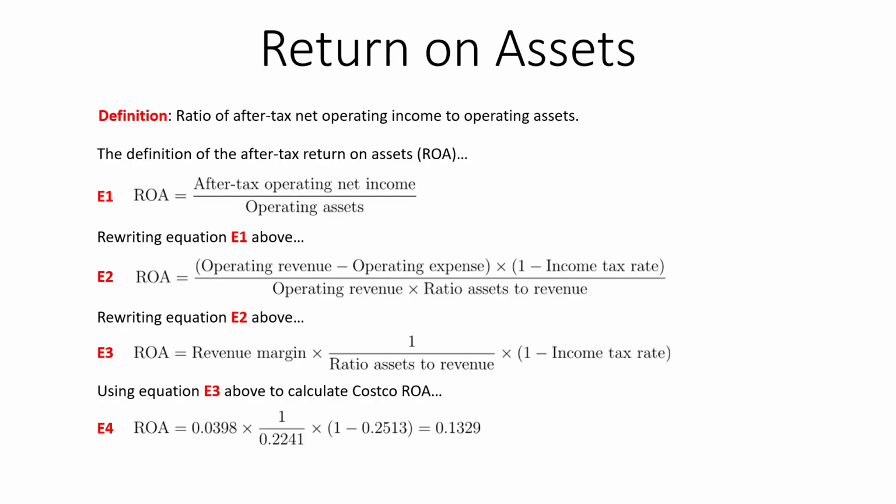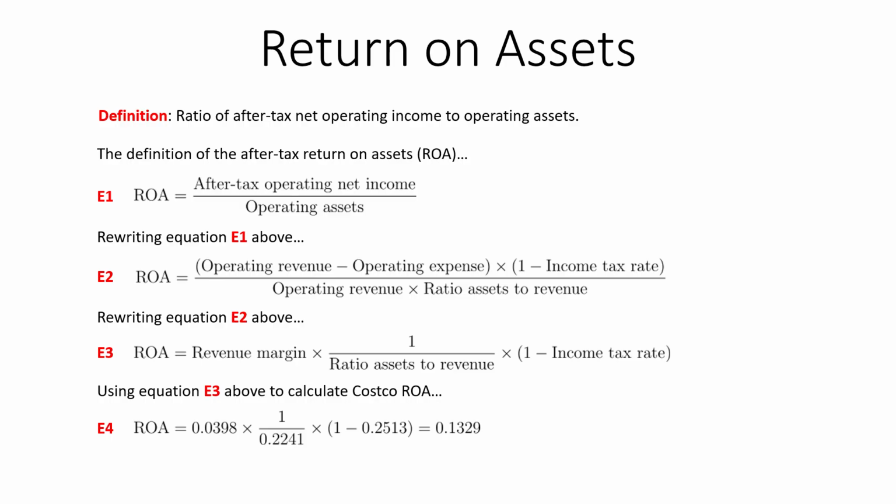Just like we did in many of these slides, we're starting with a base equation, and then we're simplifying it into something that we can use, and something that we can look at and get some insights out of. So what we want to do now is take our equation E2 and rewrite it and make it simpler. We can rewrite equation E2 into E3, and basically say that the return on assets equals revenue margin times 1 over the ratio of assets to revenue times 1 minus the tax rate.